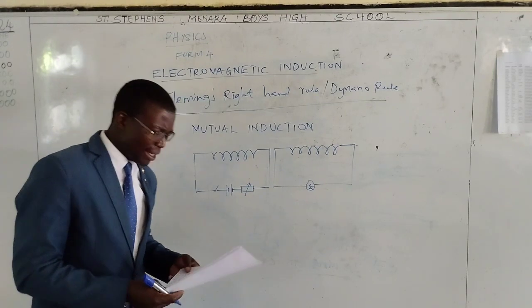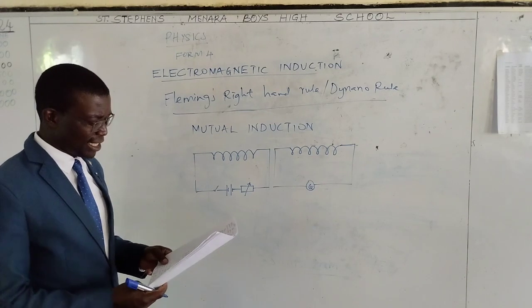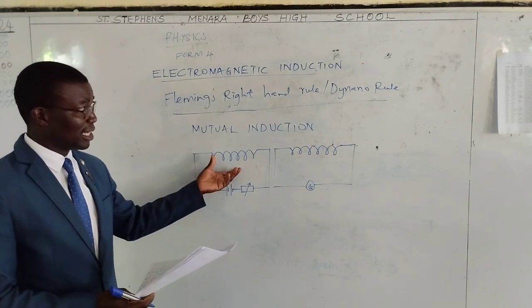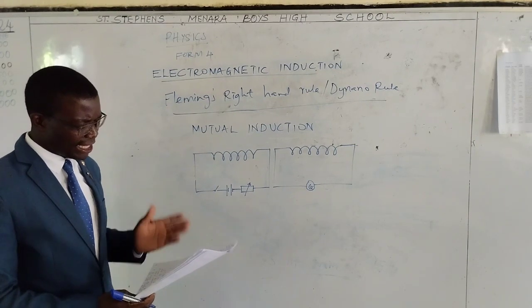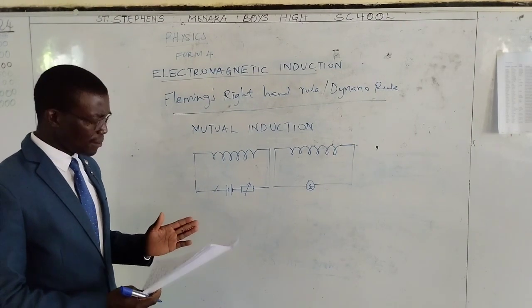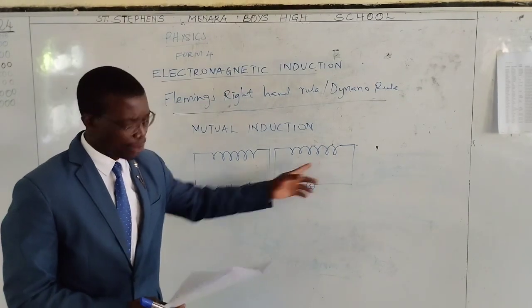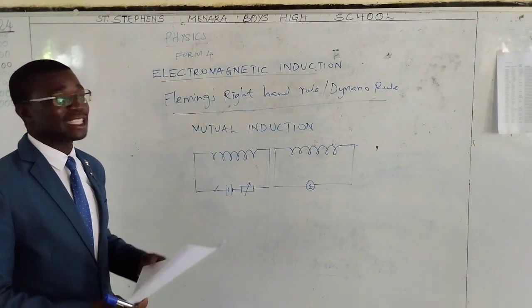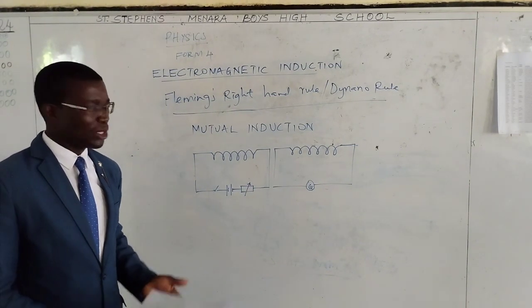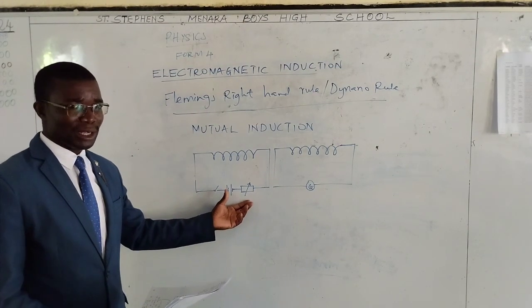So if the two coils are close together, then changing current in the primary coil, this is the input coil, also called primary coil, produces a magnetic field which links the secondary coil, inducing EMF in the secondary coil. So the concept here is current flows in the primary coil.